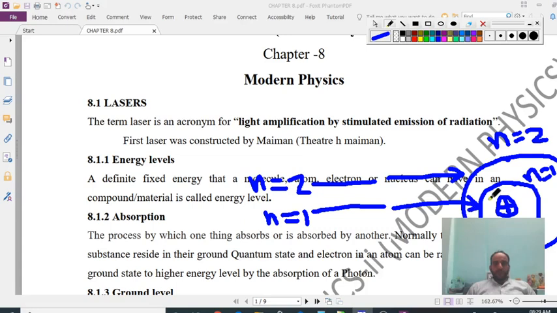When light falls on this atom, if the atom gains energy from any system, for example a photon falls on an electron in the n is equal to 1 level, then it is raised to the higher energy level n is equal to 2. By a photon falling on the n is equal to 1 energy level, the electron absorbs the energy from the photon. This is called absorption.